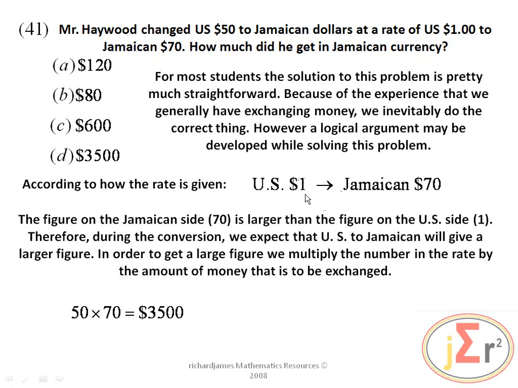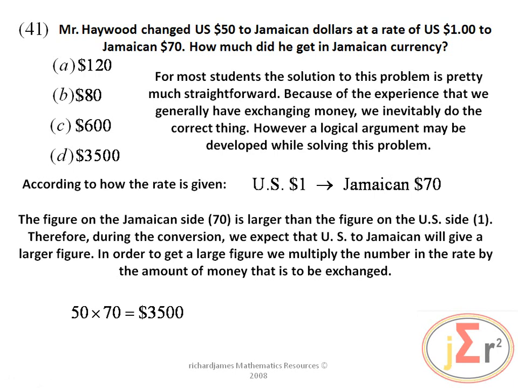The US side, the number here is 1, which is smaller than the number that we have on the Jamaican side. Therefore, when we are converting 50 from the US side to the Jamaican side, we are going to get a larger number. Therefore, we will be expected to multiply by the number in the rate.